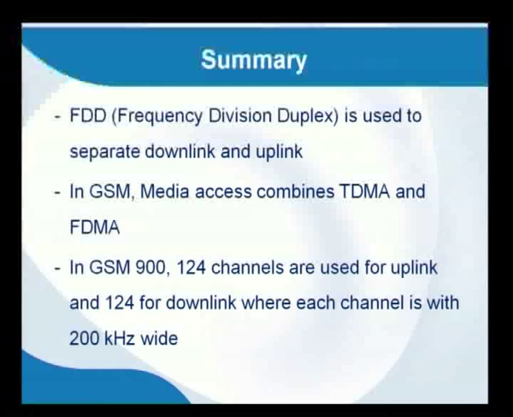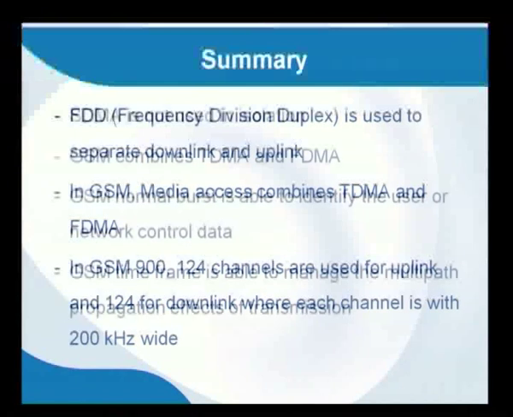Let us summarize what we have discussed. Frequency division duplex is used to separate downlink and uplink channels. In GSM, media access combines TDMA and FDMA, that is time division multiple access and frequency division multiple access. In GSM 900, 124 channels are used for uplink and 124 channels are used for downlink, where each individual channel has a capacity of 200 kHz.